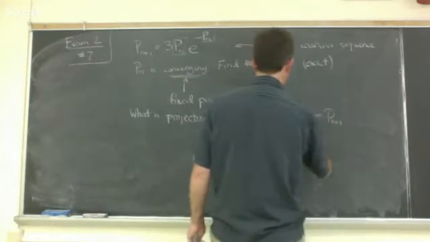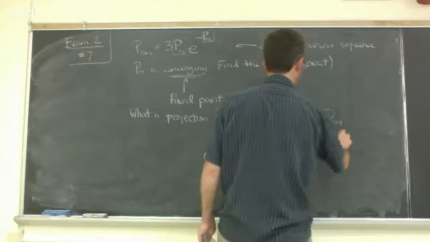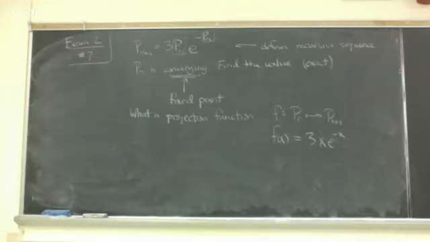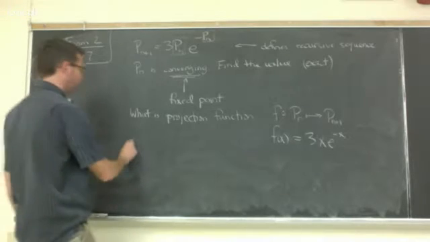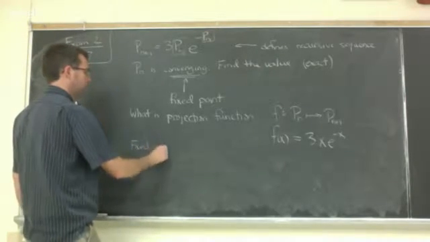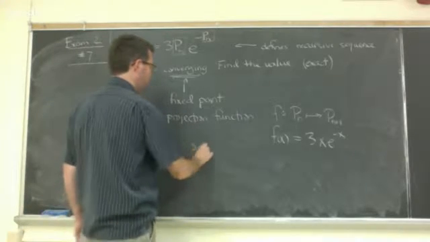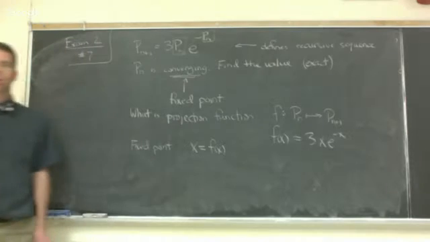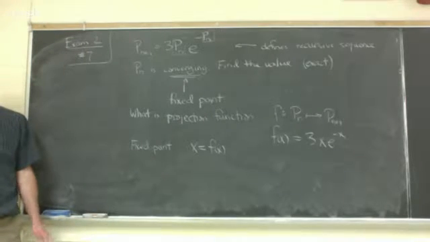And so it's 3x e to the minus x. And we want to find the fixed point. That's where the input is equal to the output. In other words, my old value and my new value are the same.